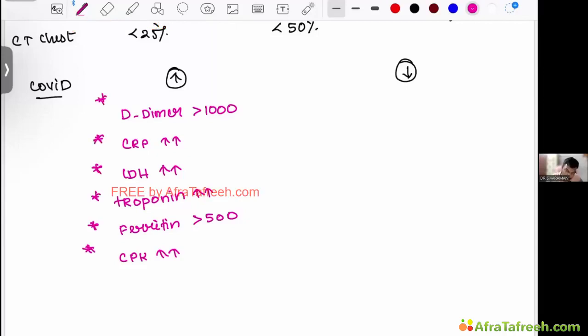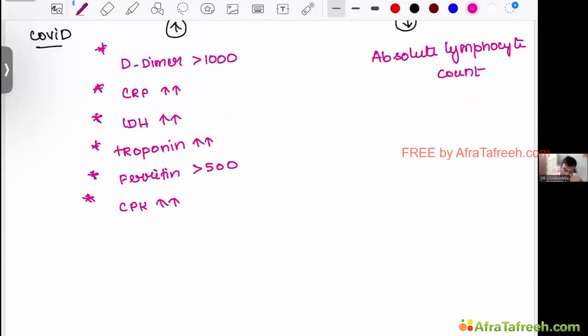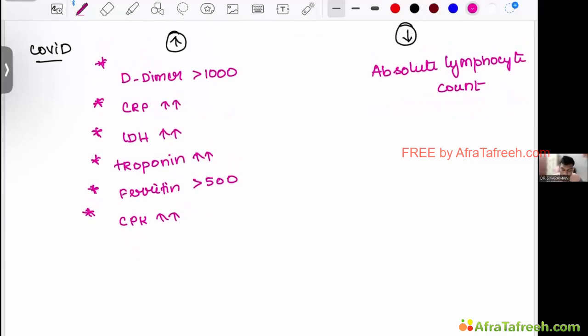The parameter which is going to decrease is the absolute lymphocyte count. Okay, and this absolute lymphocyte count with the neutrophils gives a ratio called the neutrophil lymphocyte ratio.